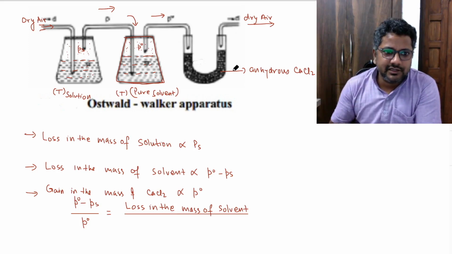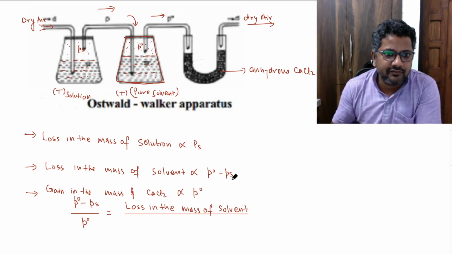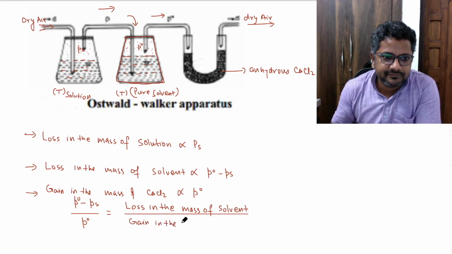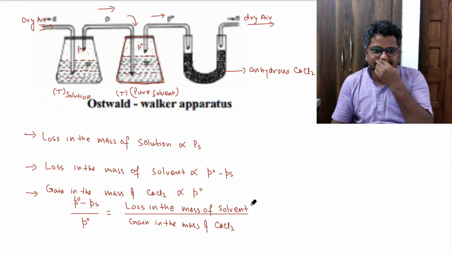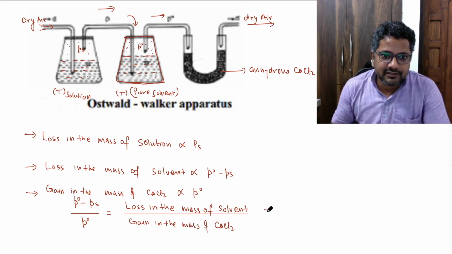So this is directly proportional to P naught. So loss in the mass of solvent by gain in the mass of calcium chloride, right? So this you can write as delta P by P naught.